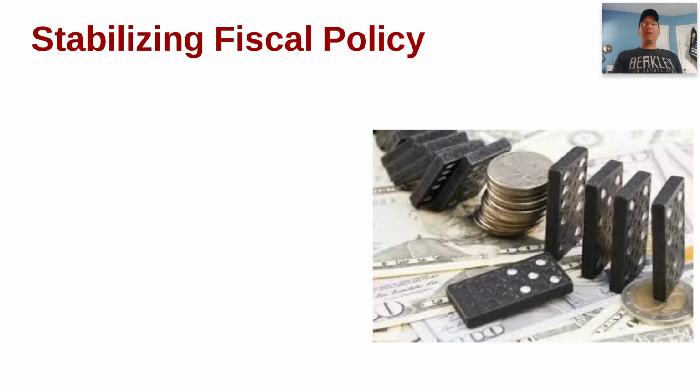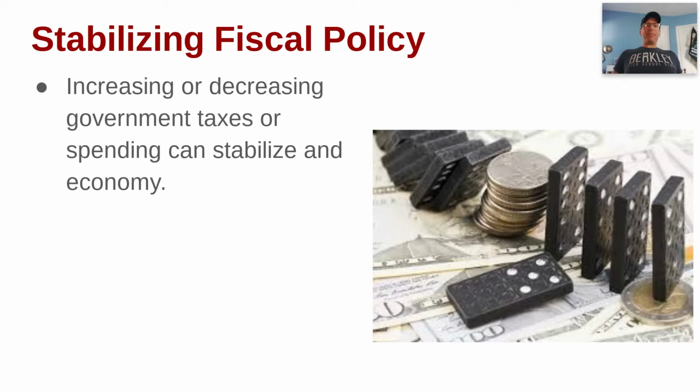So, stabilization through fiscal policy. Increasing or decreasing taxes and spending can stabilize this economy, and the government tries to do this. They try to make sure that in hard economic times, the economy can be balanced, can be brought right. Make sure that if inflation starts to creep up, we can bring prices down.